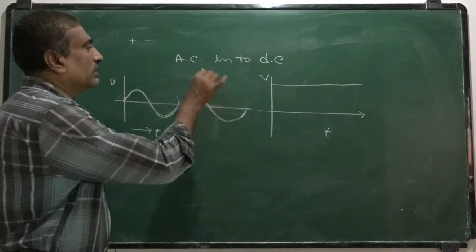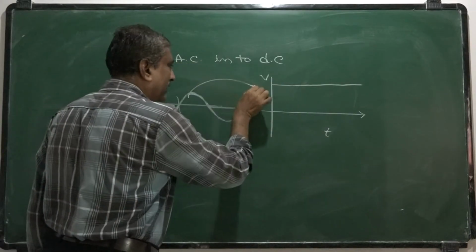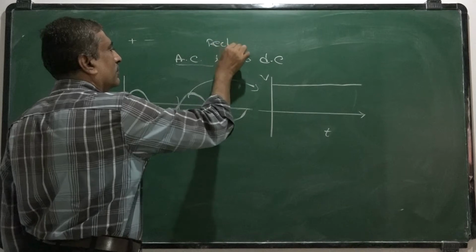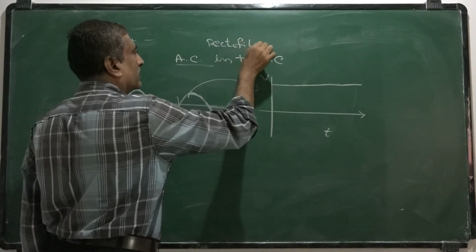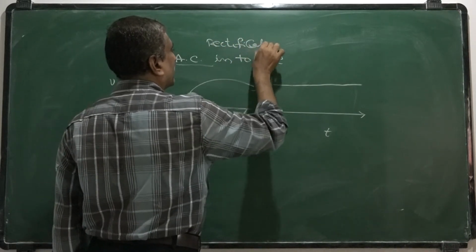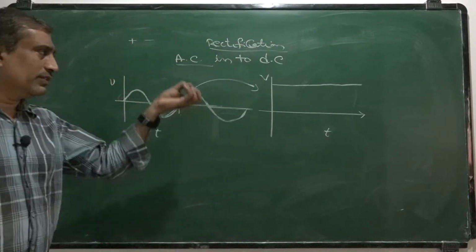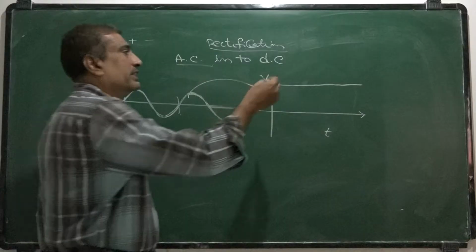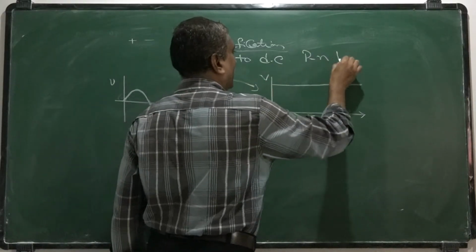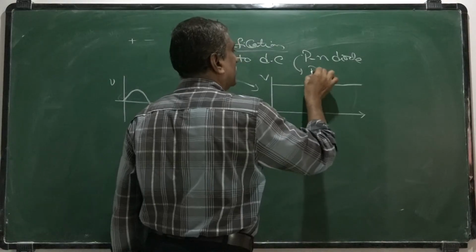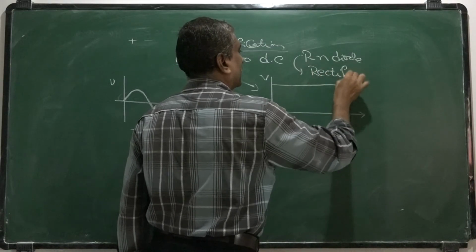Now the process of converting this AC into this DC is called rectification. The device that we use for rectification is the PN junction diode.